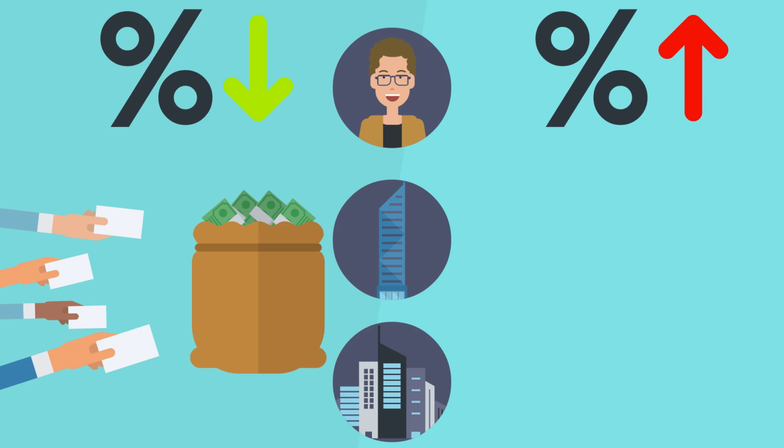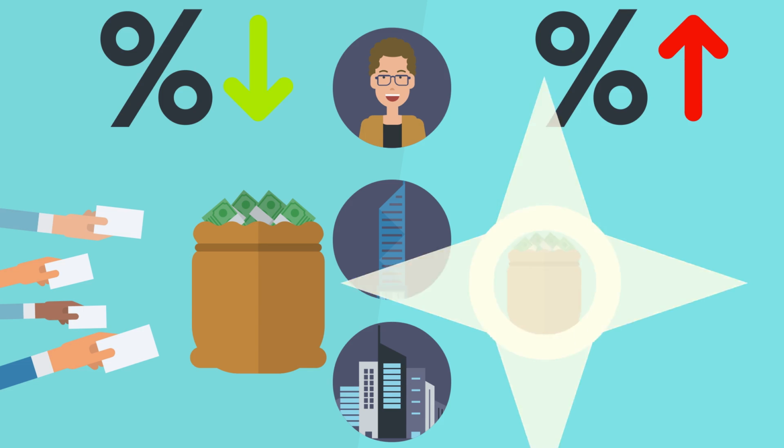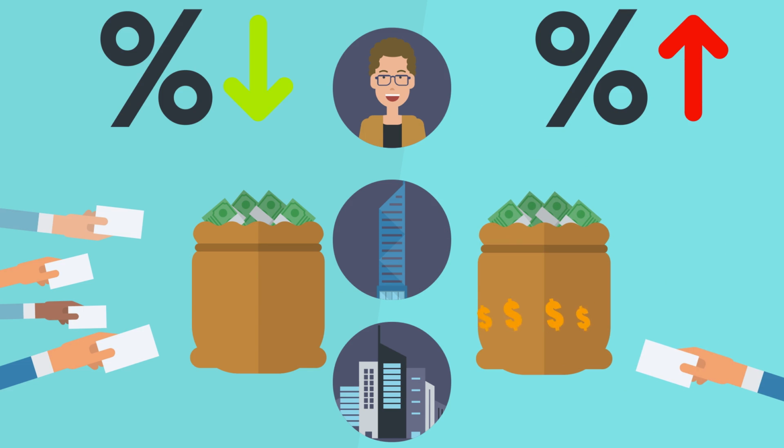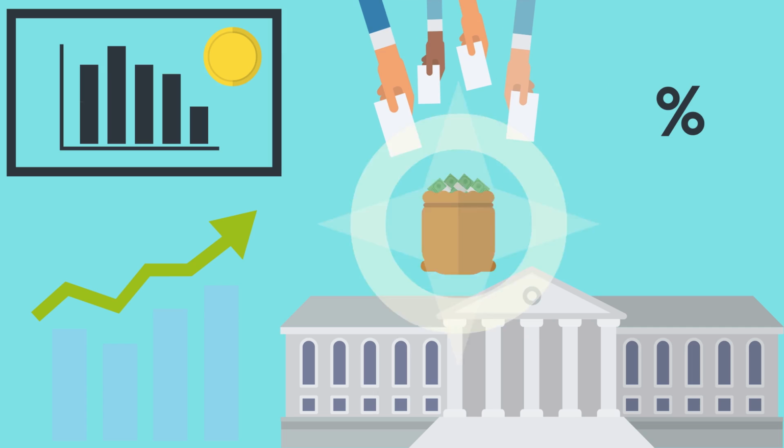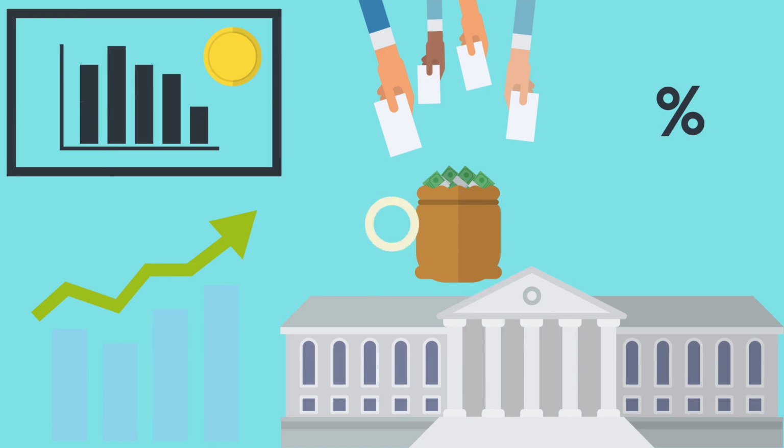Higher interest rates have the opposite effect, making credit more expensive and difficult to get. When economic circumstances are harsh and there is slower economic growth, central banks are responsible for reducing interest rates to ensure better access to credit in the economy.